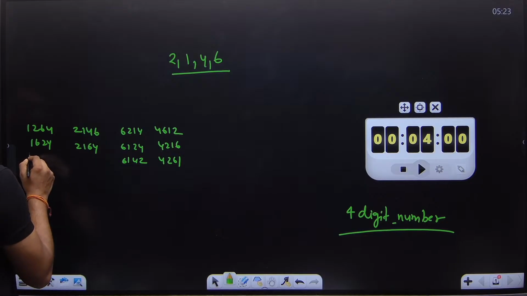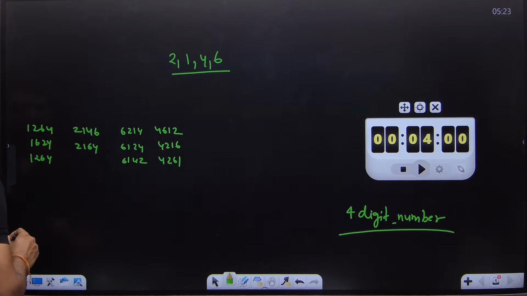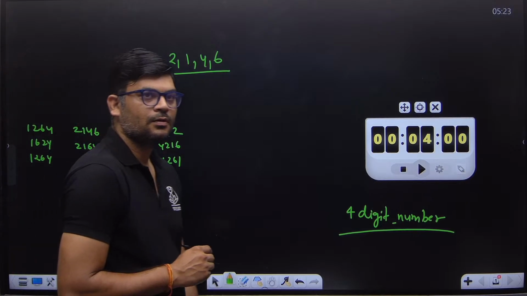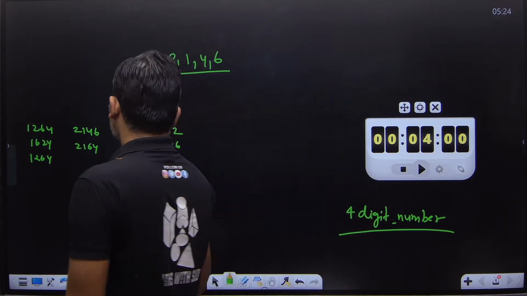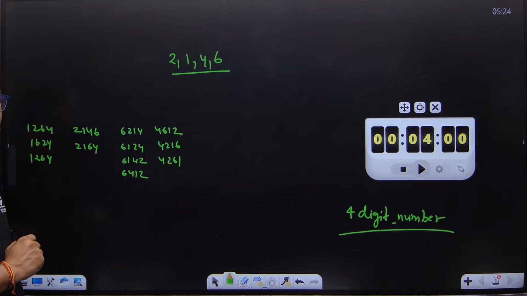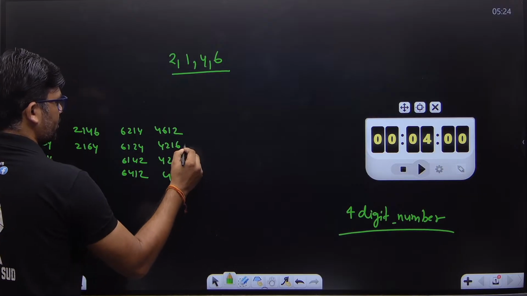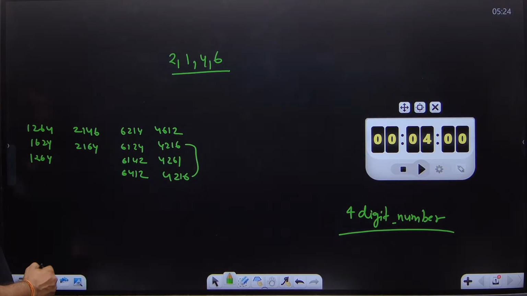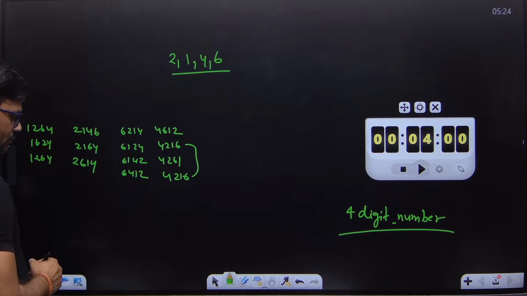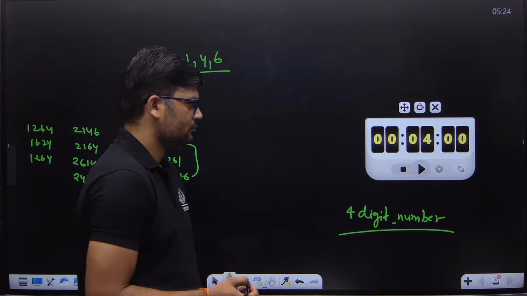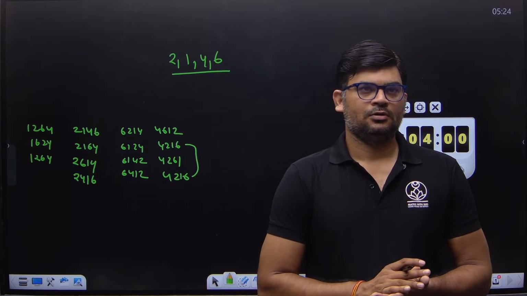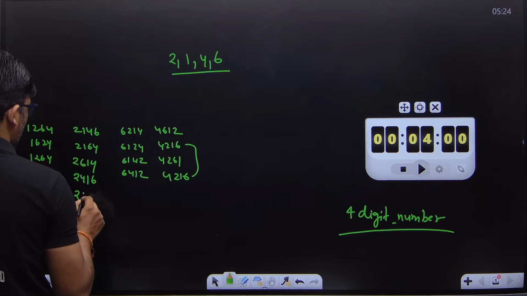1264. 1264 you have already told me. Oh, I did? 6412. 2614. 2461. 6421.